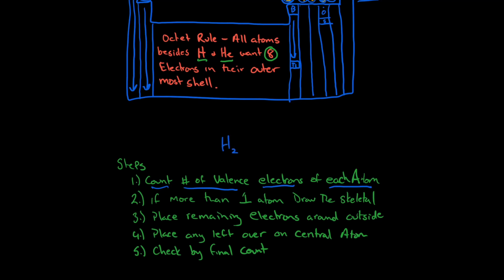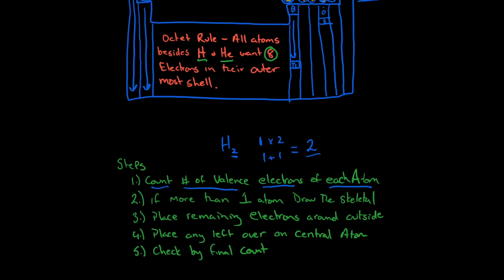For H2, I take the fact that hydrogen has 1 valence electron, but there are 2 hydrogens. So I'm going to do 1 times 2, or 1 plus 1, either one, and I'm going to have 2 electrons between the 2. Basically I'm counting up every atom that's involved in the actual Lewis question, and then I'm writing it down.